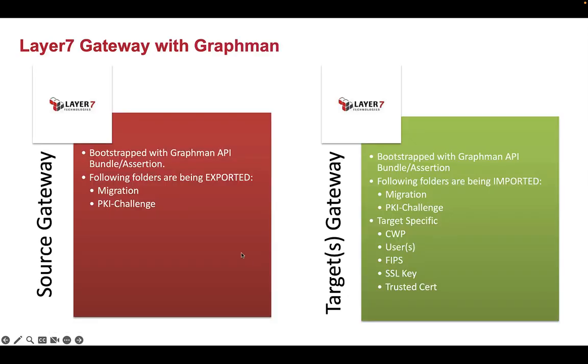Next one. In my use case, I'm leveraging two gateway clusters. One is the source gateway and another one is the target gateway cluster. In the source gateway as well as the target gateway, as I mentioned earlier, we have bootstrapped with the Graphman API bundle assertion.